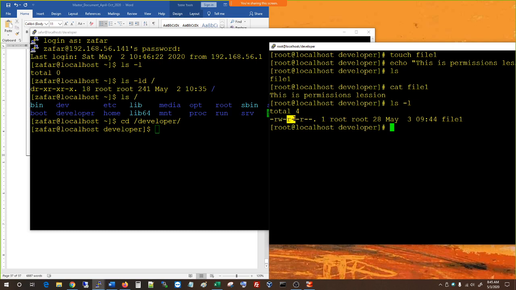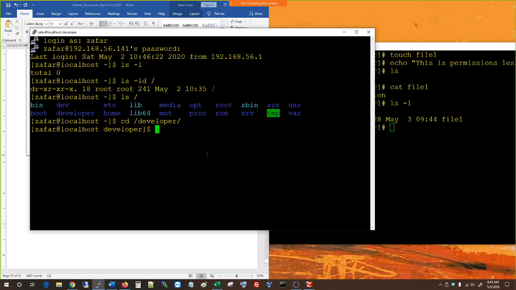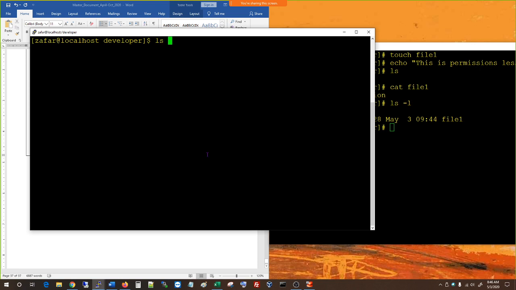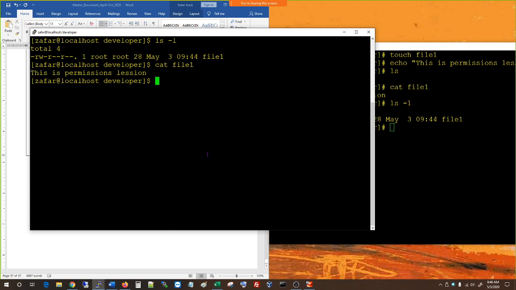Then the group is going to be the specific group. And others, for a regular user in this case, would be Zafar here. So I only have read permissions here, right? ls -l. If I do cat file1, I am able to read the file.